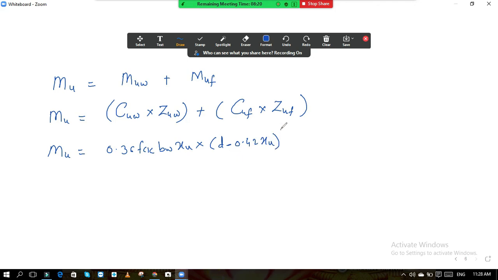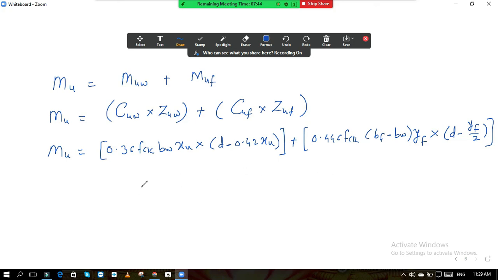This is the lever arm. Plus, here it will be 0.446 fck bf minus bw into, now this is case number 3, it is not df, it should be yf, into the lever arm, which is d minus df by 2. So it should be yf by 2 for case number 3.